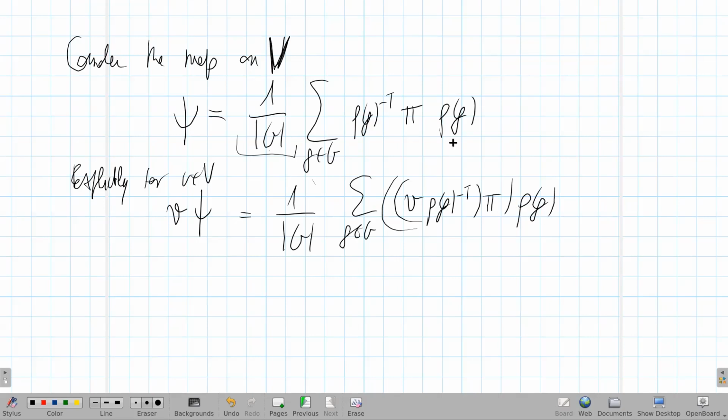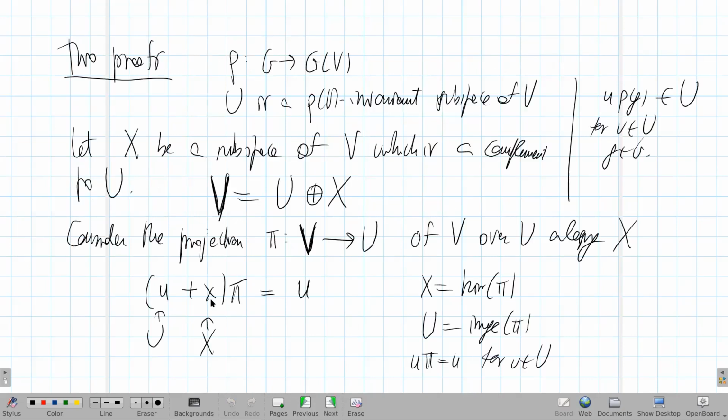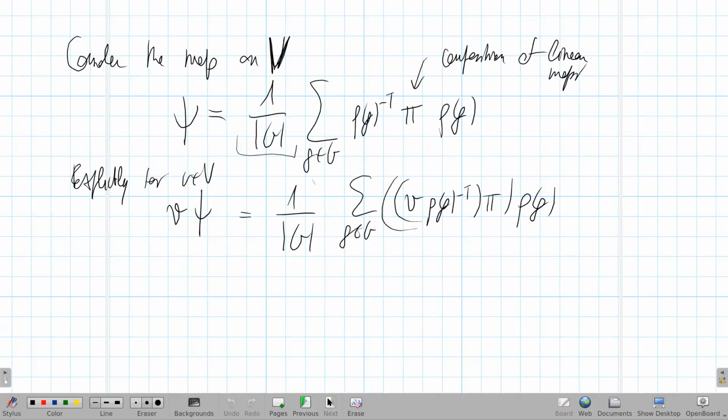So it's a composition of linear maps. Of course, since rho is the representation, rho G and rho G inverse are linear maps, but also pi is a linear map. But, well, this is obvious from the definition here. Good. So this map has several interesting properties, okay?